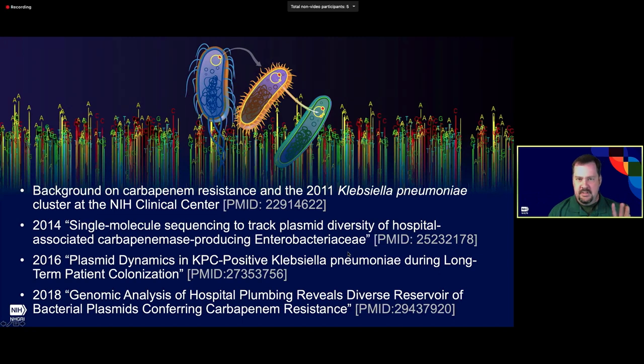So this is a slide that summarizes many years of work, basically starting with a Klebsiella pneumonia outbreak that we studied in 2011, looking at all the plasmids associated with different resistant organisms in the years that followed, looking at what these plasmids do long term in patients that are colonized over many years, and then ending with a very large scale study of what lives in the plumbing systems of hospitals.